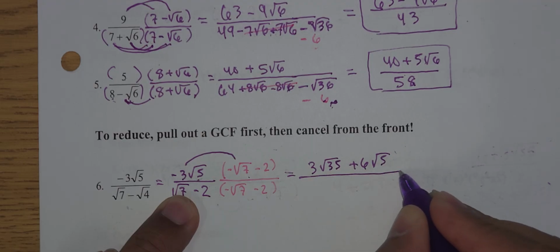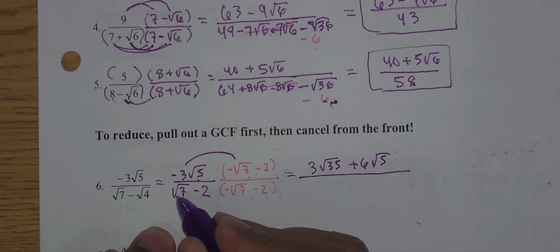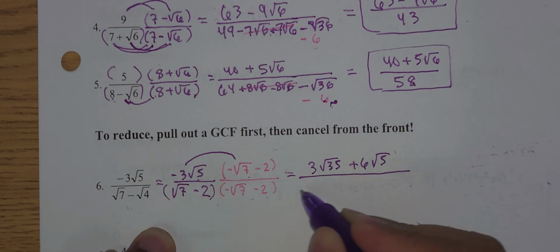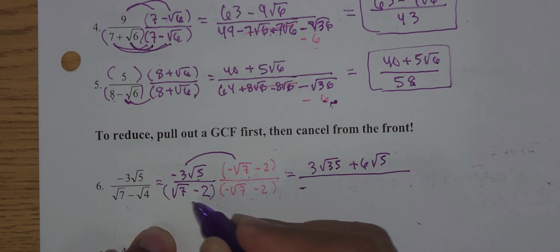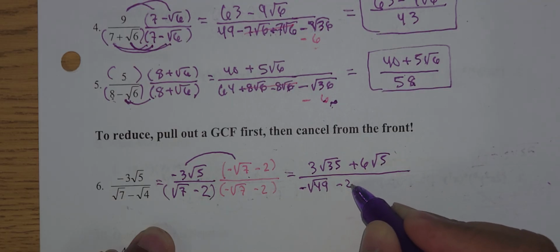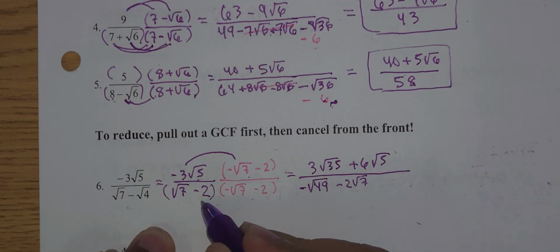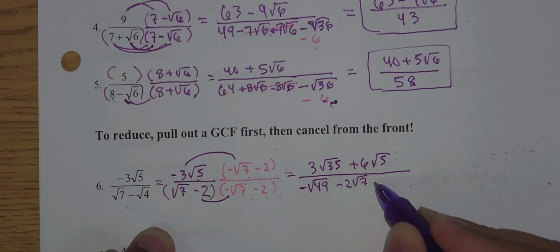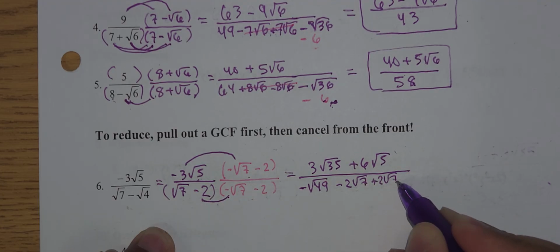Now let's go to the denominator. So positive times negative, that becomes negative, and then square root of 49 because it's 7 times 7, right? And then this one, square root of 7 times negative 2, that's negative 2 square root of 7. And then next, negative 2 times negative square root of 7, that's positive 2 square root of 7. And negative 2 times negative 2, that's positive 4.